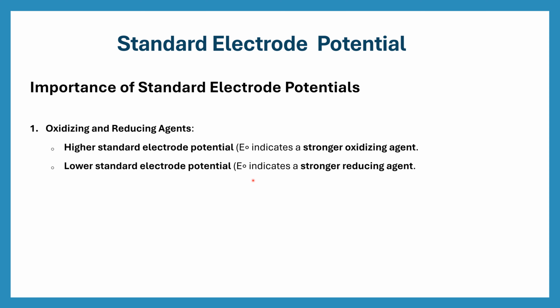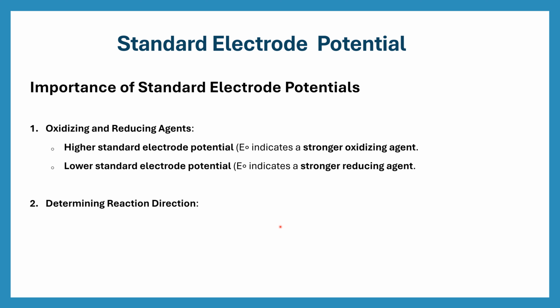Conversely, a lower value of E naught means the species is a stronger reducing agent, which means it is more likely to lose electrons and get oxidized. So the position on the standard electrode potential scale directly reflects how reactive a substance is in terms of electron transfer.